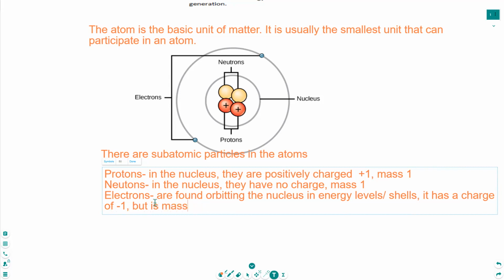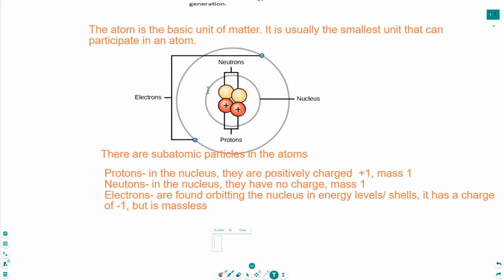With all of these being stated about the subatomic particles, you can see that for the atom, you would have in the nucleus the neutrons and the protons, and then you would have energy levels surrounding the nucleus, and on the energy levels is where you will find the electrons.